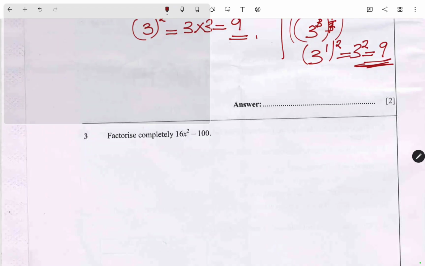Okay, factorize completely. This is a difference of 2 squares. So here we can find the square root of 16. So this will be the same as 4 squared x squared minus square root of 100 is 10. So this can also be expressed in that order. Yeah, something like this.